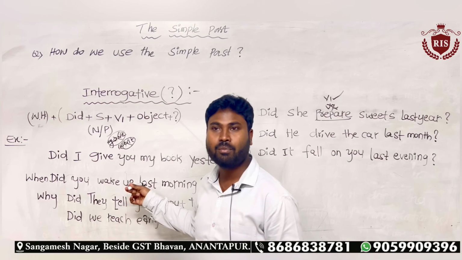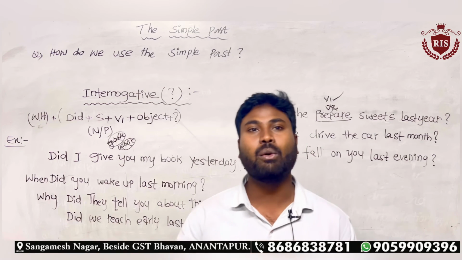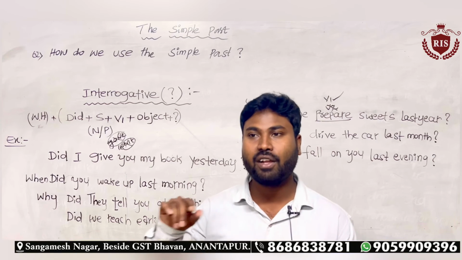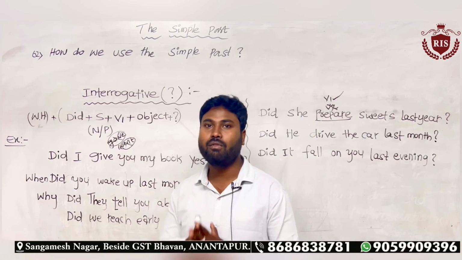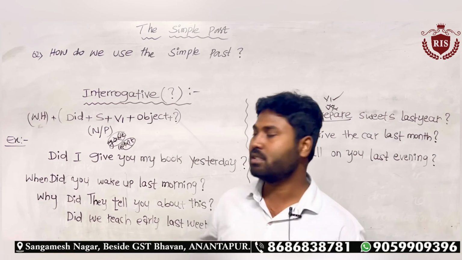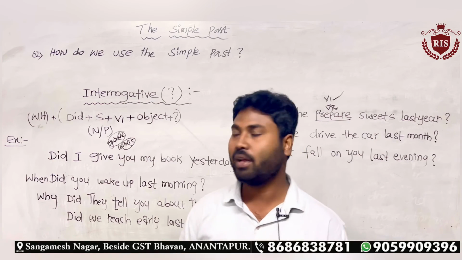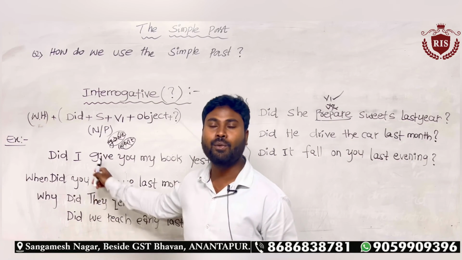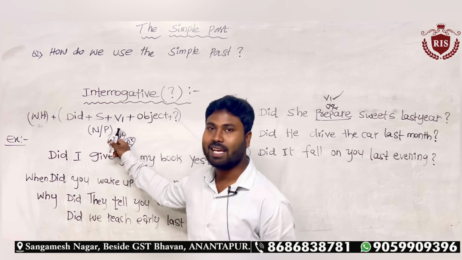In the question form the same formula is applicable, and also in the negative case. When we want to frame negative sentences, after didn't you have to use only the infinitive form of the verb, as well as in the question. We cannot say did I gave you, we cannot say did I give you with a past form; only the infinitive form we have to use as per the formula.